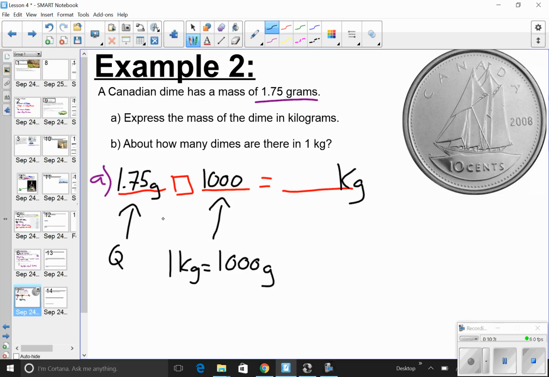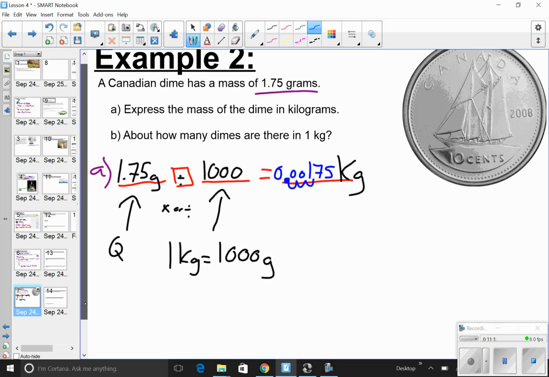And this here is going to be multiply or divide. We're switching to a bigger unit because a kilogram is bigger, so our number needs to get smaller. So we're going to divide. When we do our division, we can just move the decimal 3 spots to make the number smaller. So I'm going to move the decimal 1, 2, 3 spots. Now my decimal is here. I've got 0.00175 kilograms. Very, very small mass.